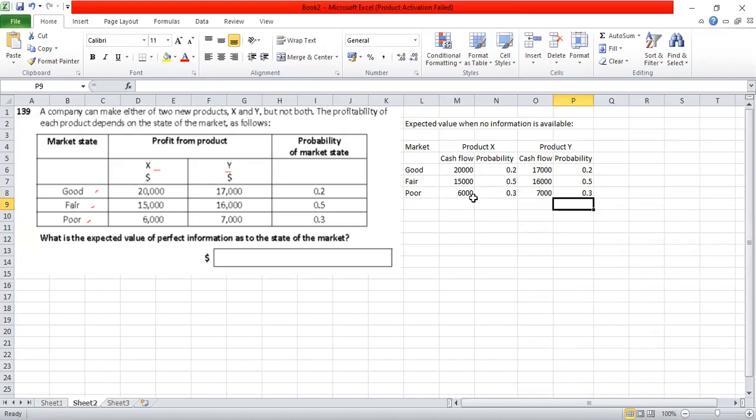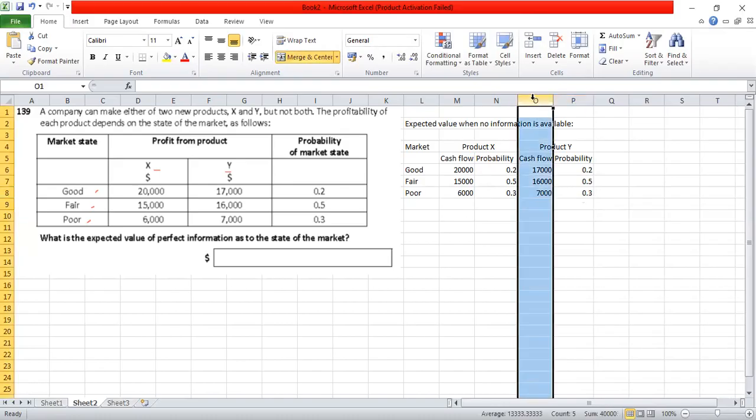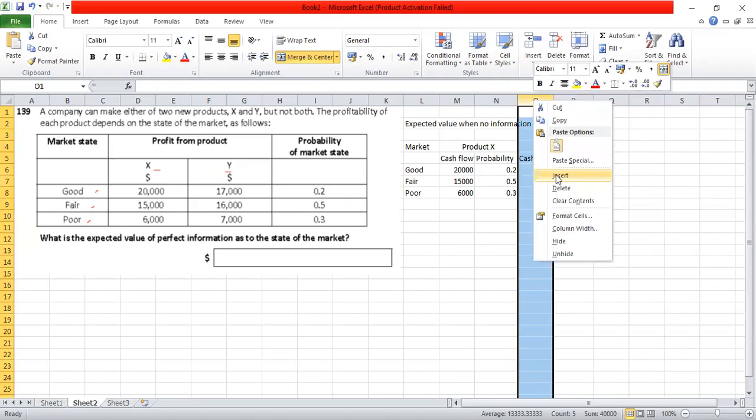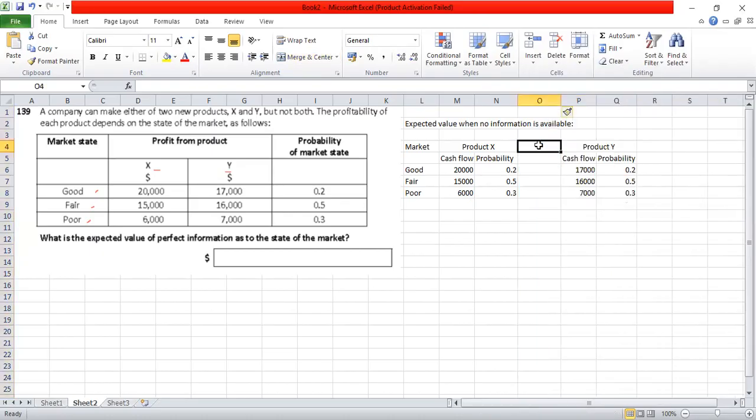What is the expected value of product X? What is the expected value of product Y? So here let's take expected value. It would be the cash flow into the probability. In case of product Y, what is the expected value?